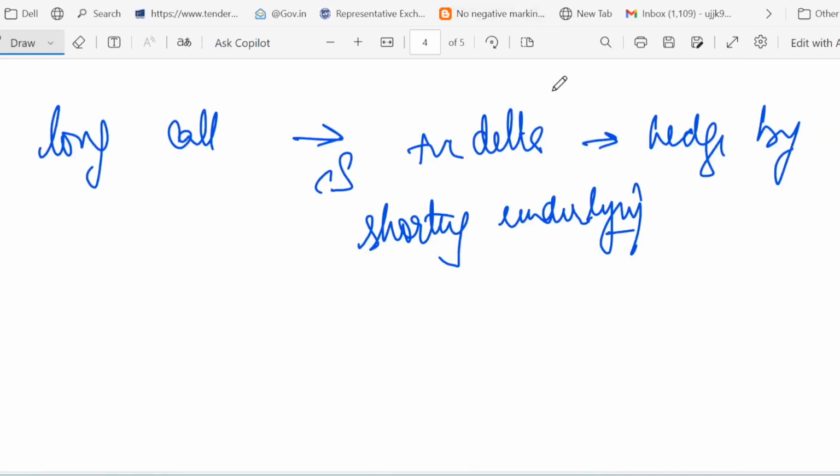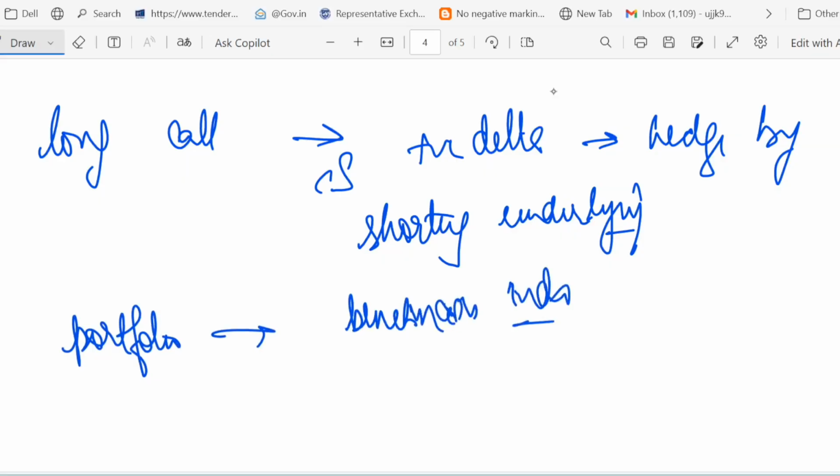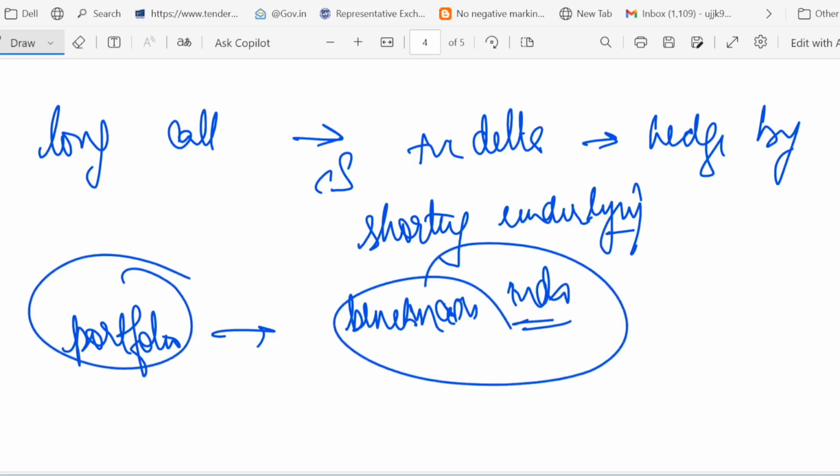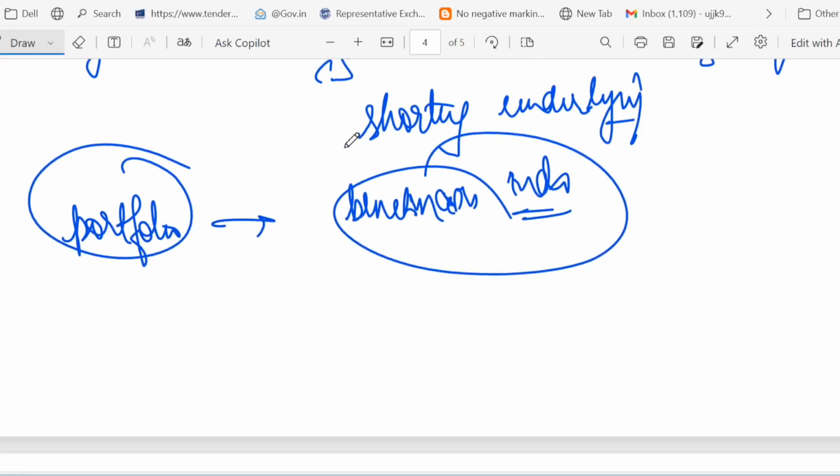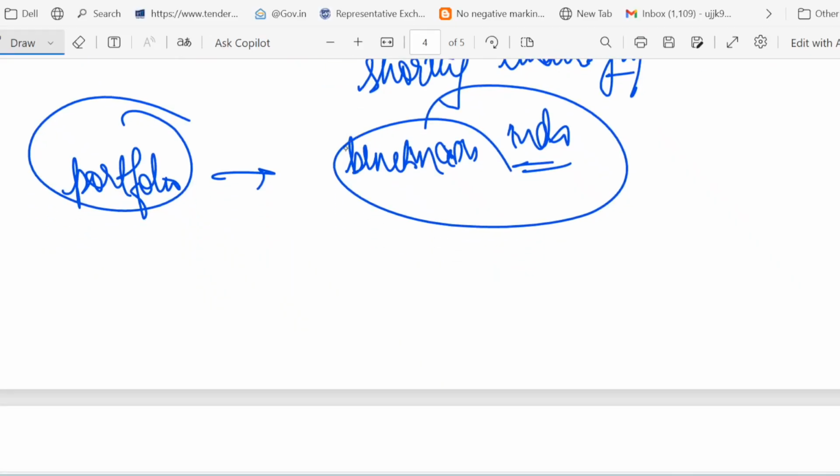You have your portfolio, and you have your benchmark index. And for an index-linked fund, the goal is not to beat the benchmark, but to mirror it as accurately as possible.